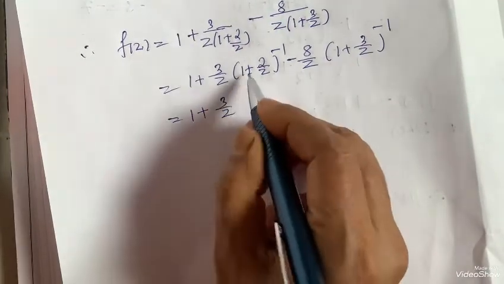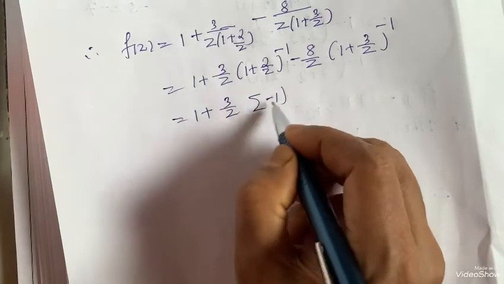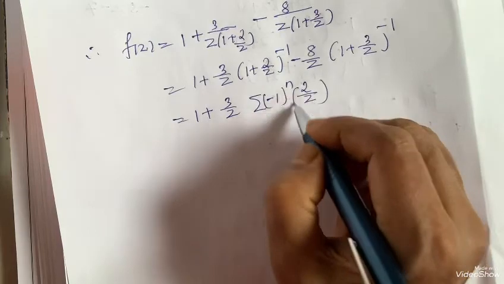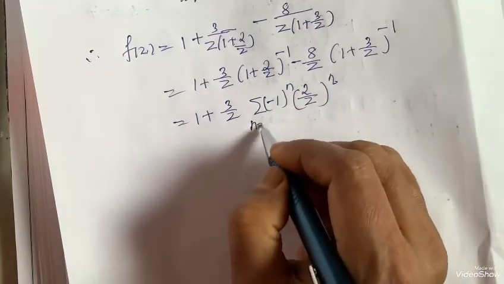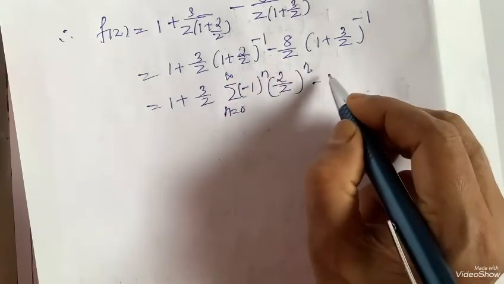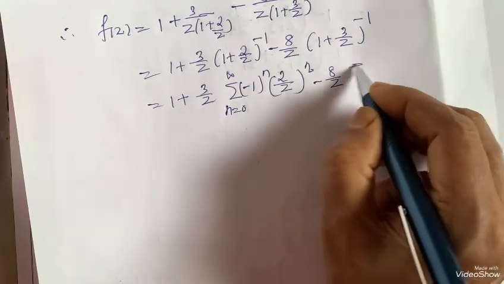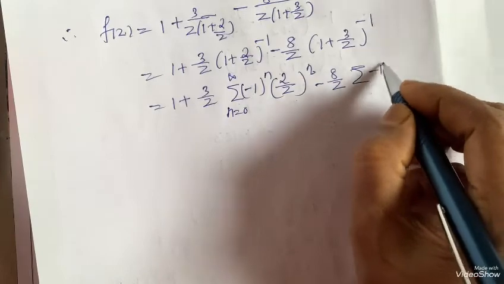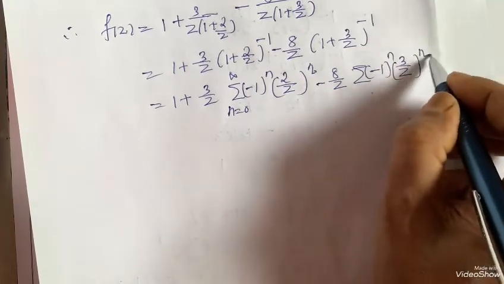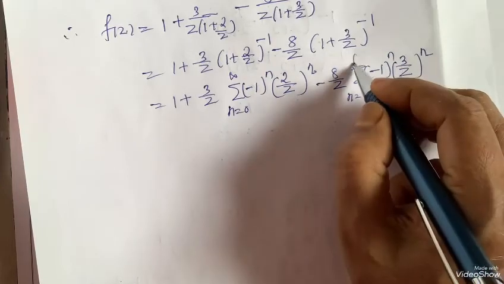3 by z, it is summation minus 1 raised to n into 2 by z raised to n, n is from 0 to infinity. Here also, minus 8 by z summation minus 1 raised to n and 3 by z raised to n, n is 0 to infinity.